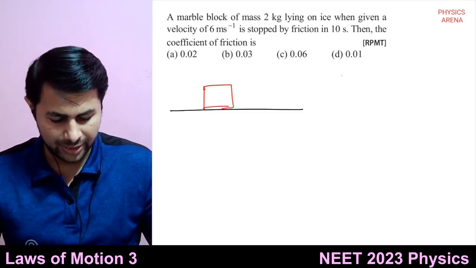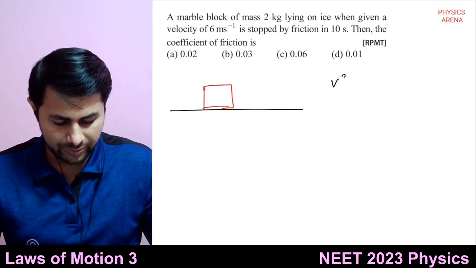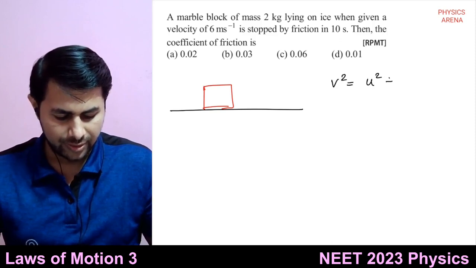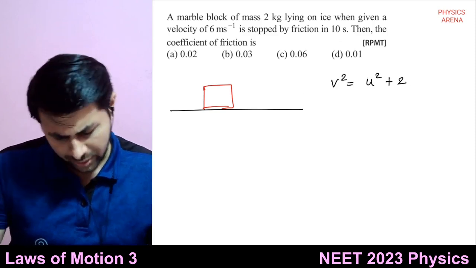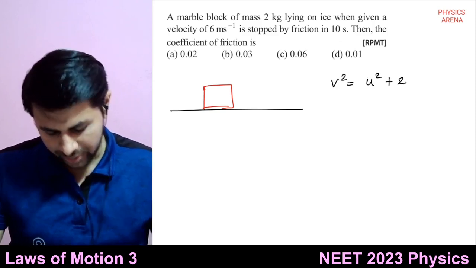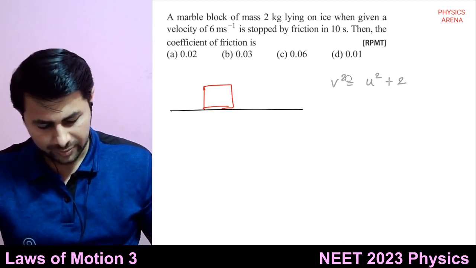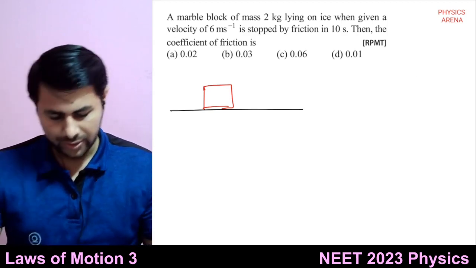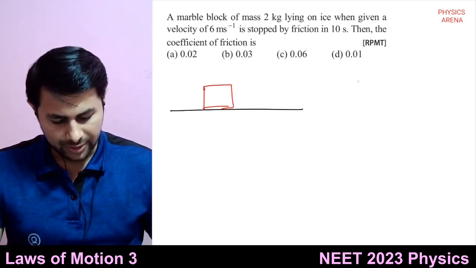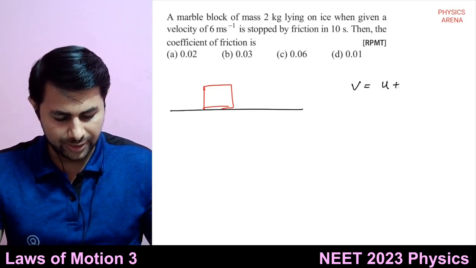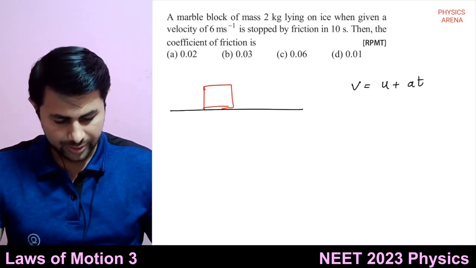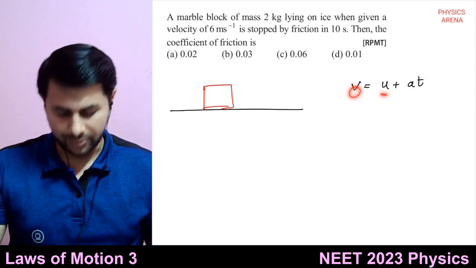So we can find that v square equals u square plus 2as, not this one, no, it stops in 10 seconds. That means we can use v equals u plus at. We have time, we have initial velocity, and the final velocity is 0.